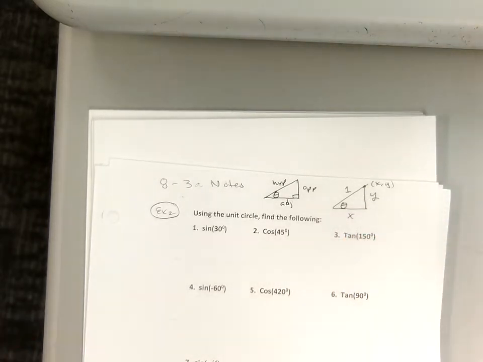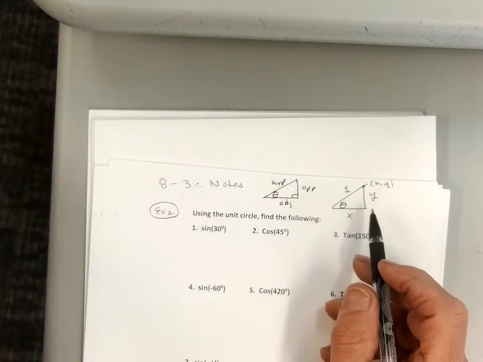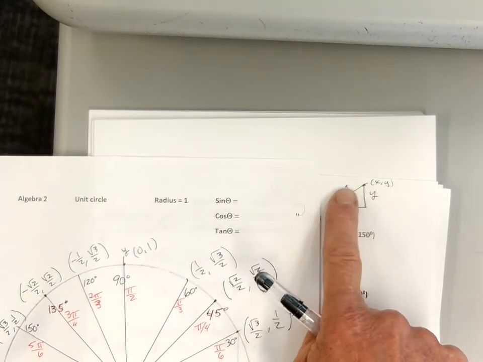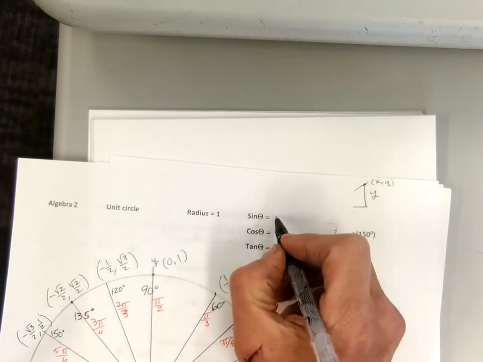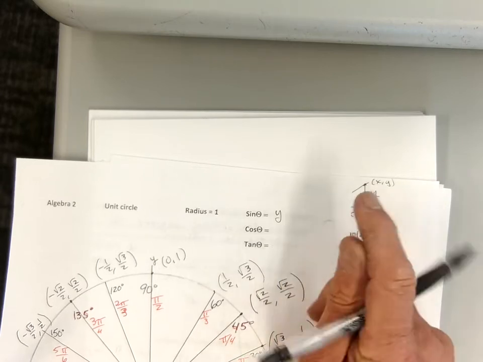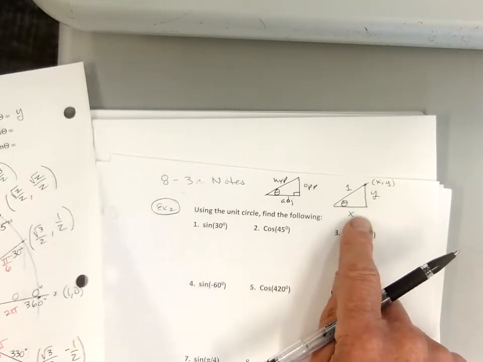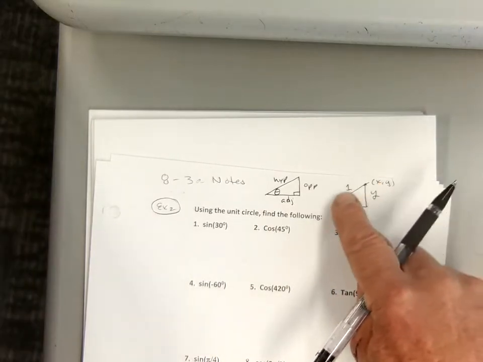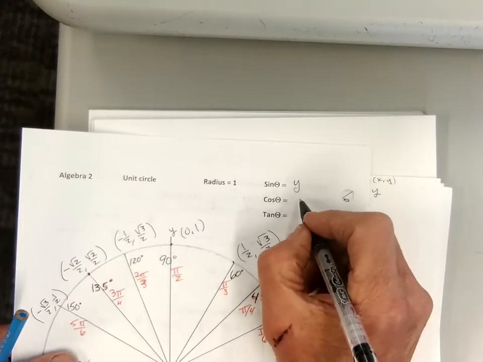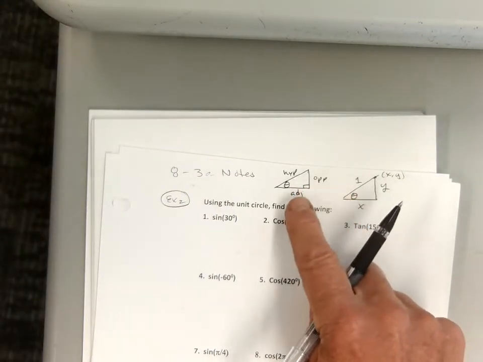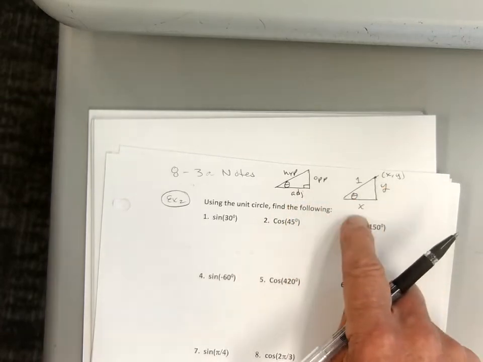Since sine is the opposite over the hypotenuse, it's just going to be the y value of your coordinate. Cosine, which is adjacent over hypotenuse, is the x value over 1, which is just your x value. Tangent is opposite over adjacent, which is your y over your x.